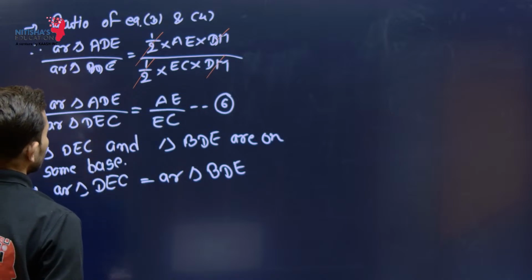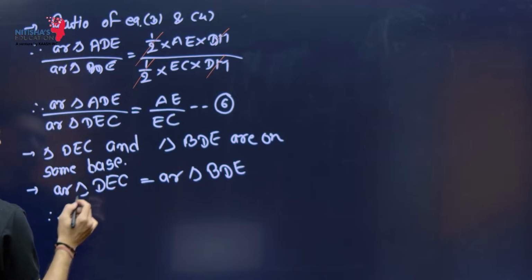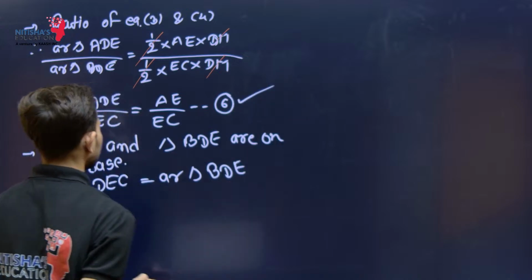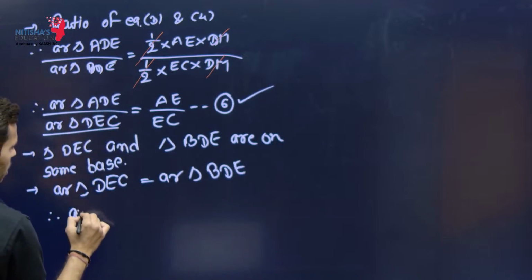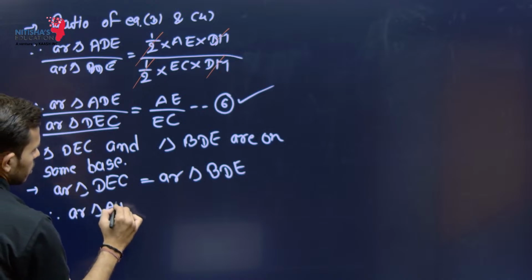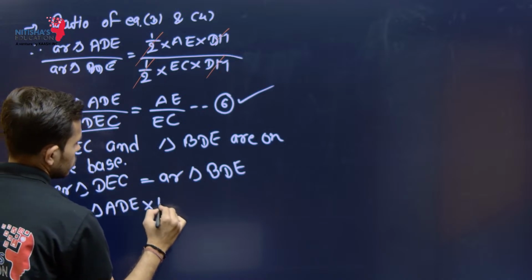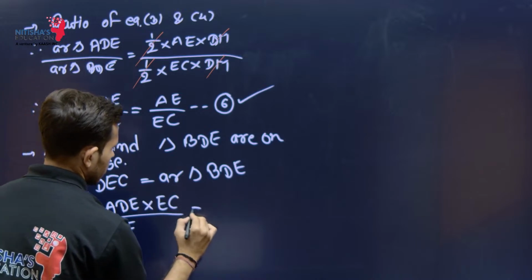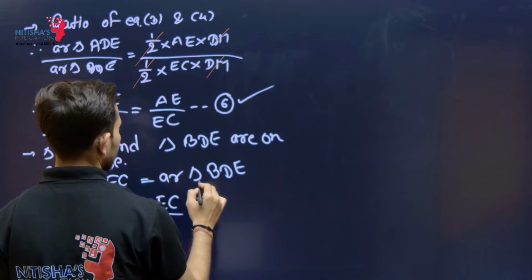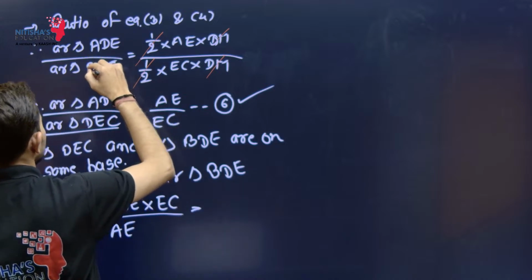So area of triangle DEC will be, from equation number 6, making DEC the subject, area of triangle ADE into EC divided by AE, right? What is the value of triangle BDE?